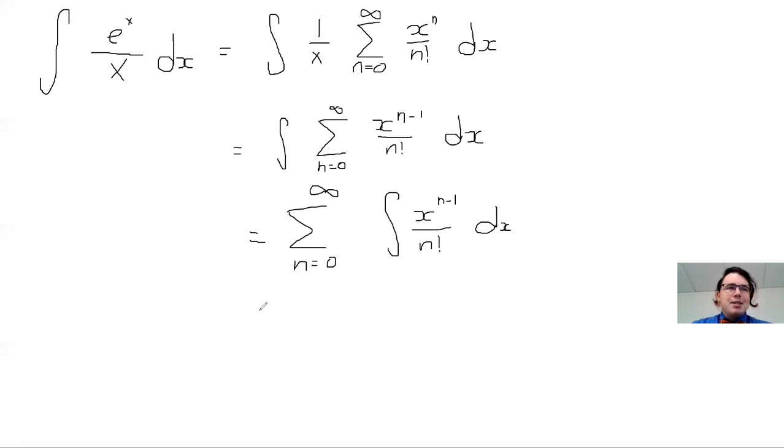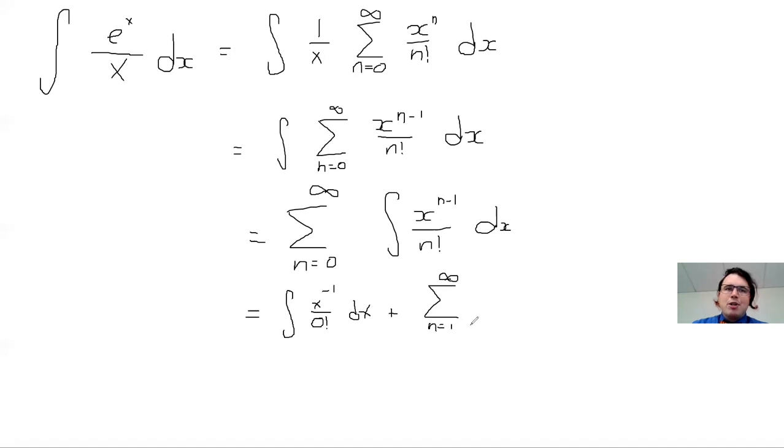So I can still do this, I just need to be very careful. When n equals 0, I will be integrating x to the power minus 1 divided by 0 factorial. That's fine. 0 factorial is 1, and I can calculate this antiderivative. I just need to do it separate from the rest of the series.